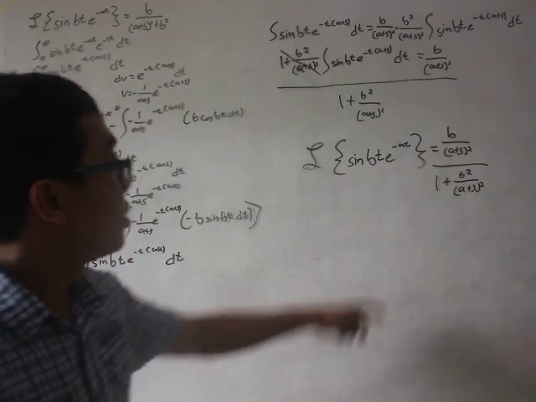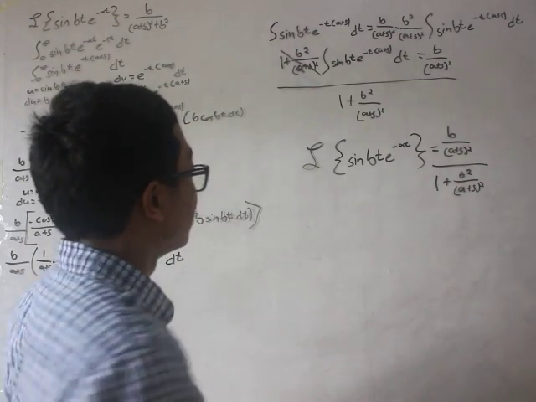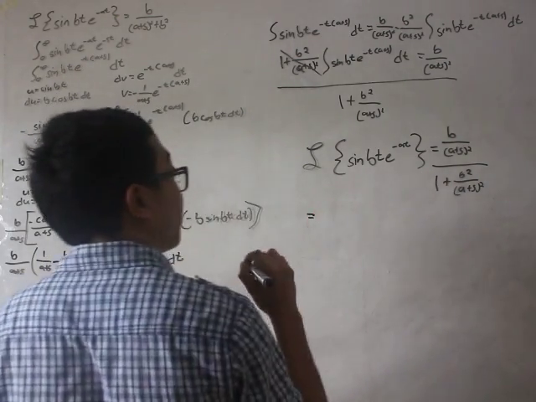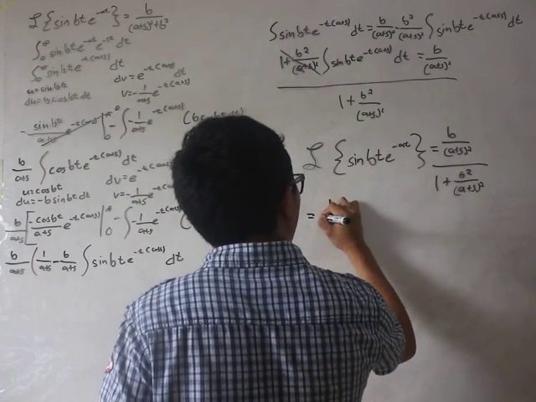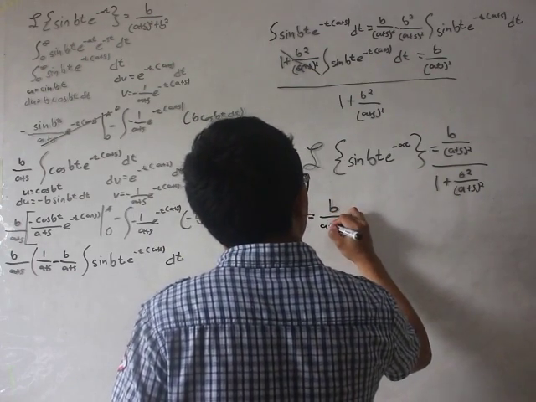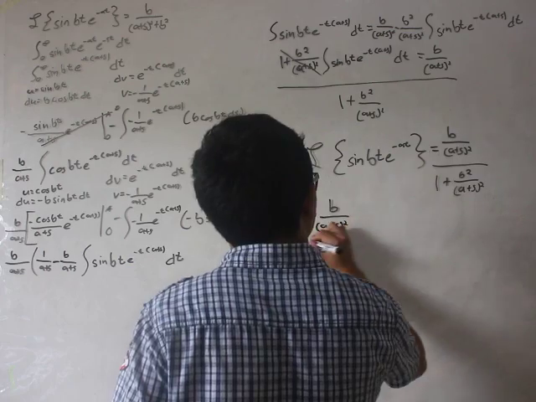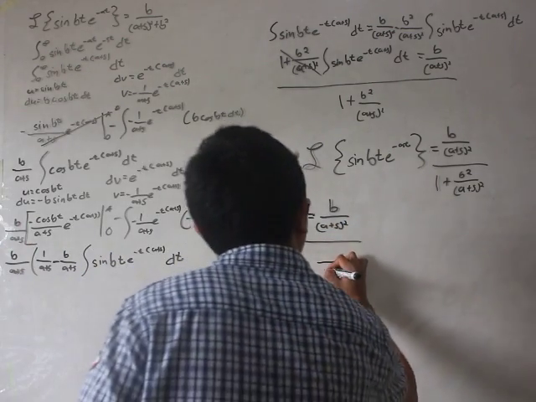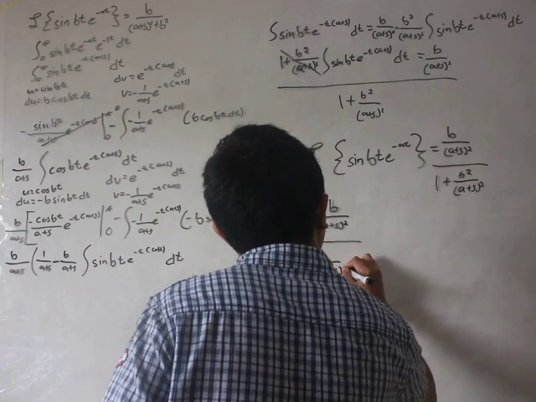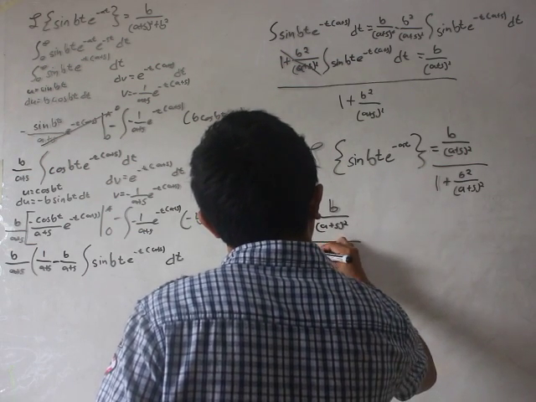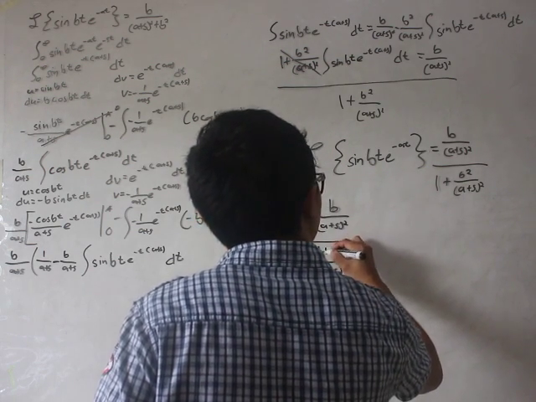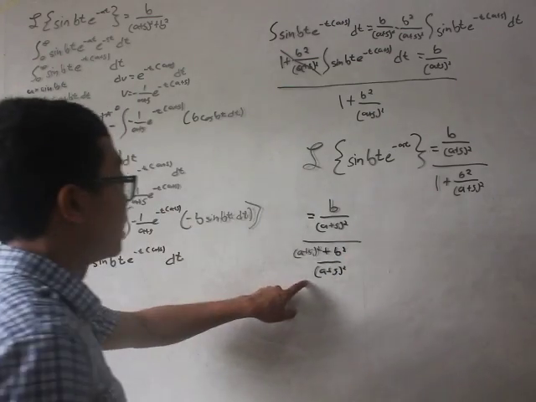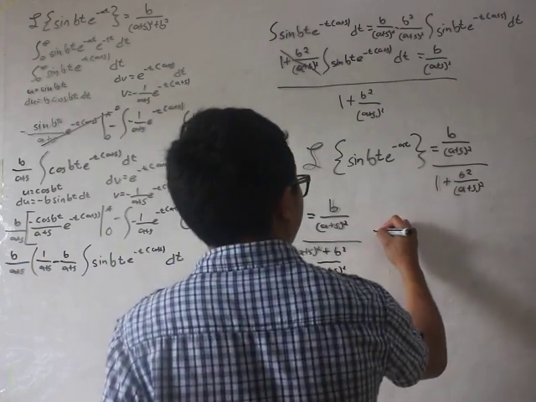There. But we can still simplify this. So we have b over (a plus s) squared all over, we simplify first the denominator, (a plus s) squared plus b squared over (a plus s) squared. Now we multiply.